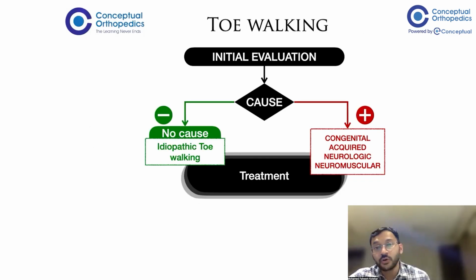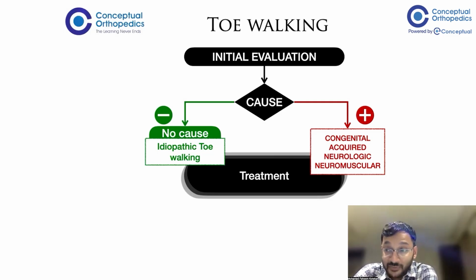So when we initially evaluate a child with toe walking, we need to evaluate why it happens. The differential diagnosis for toe walking ranges from toe walking which is part of the normal development, like we already told, to toe walking due to congenital conditions, acquired conditions, neuromuscular conditions, neurological conditions, muscular dystrophy, cerebral palsy, spinal dysraphism, tethered cord syndrome.